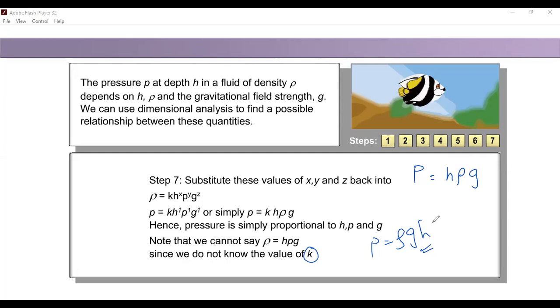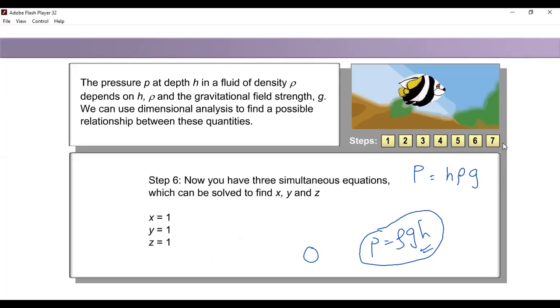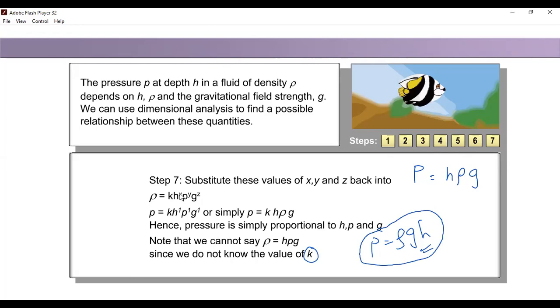But now we are sure that P is equal to rho g h because just now what we calculated, all of them are 1. Which means x is 1, y is 1, z is 1. So that means we use the dimension to check the equation.